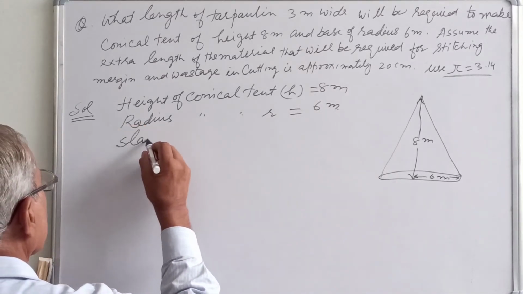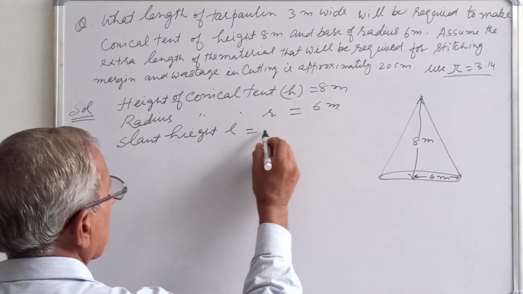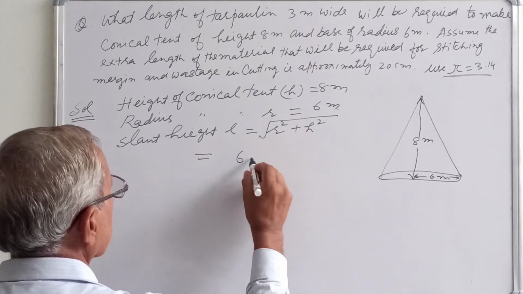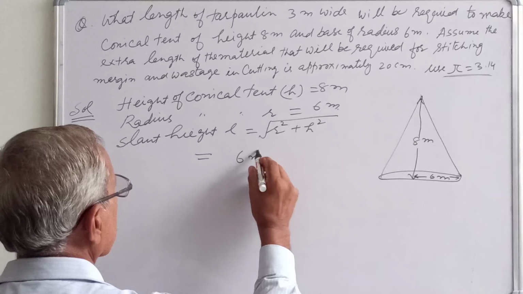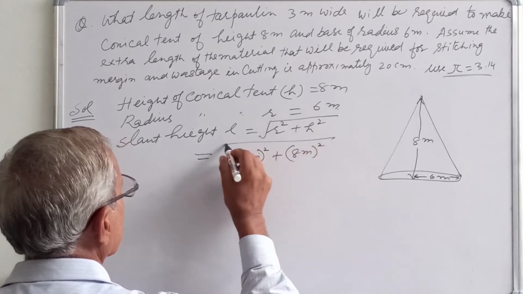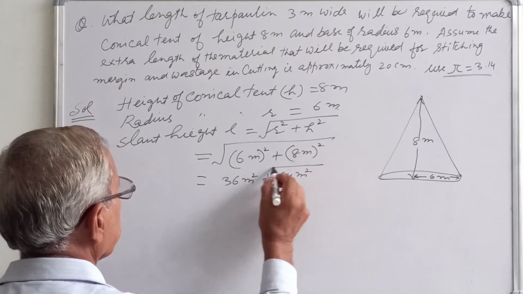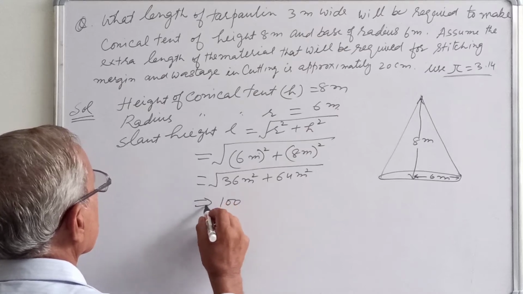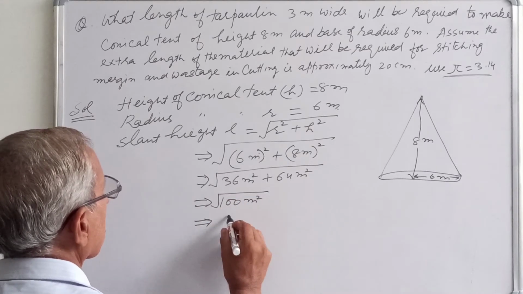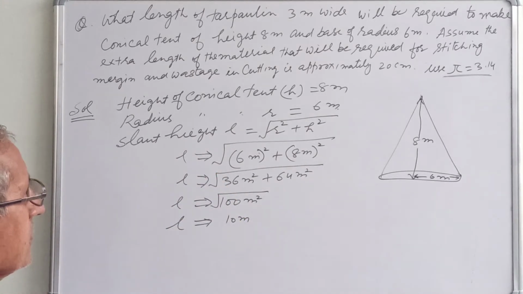Slant height L will be r square plus h square under root. 6 meters square plus 8 meters square, 36 meters square plus 64 meters square, 100 meter square, and that will be 10 meter. Therefore L is 10 meters.